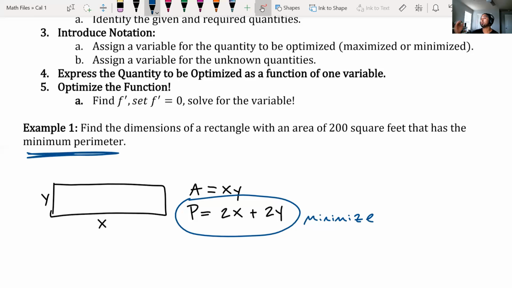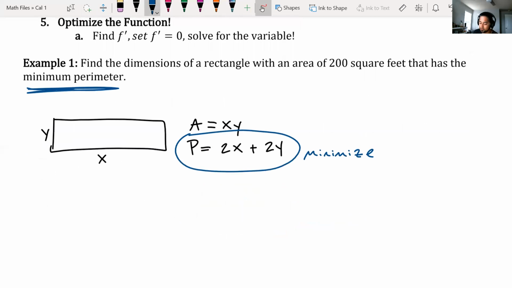Okay, but remember when I said minimize, that means we're going to take the derivative. Well, we can't take the derivative in this form. So if we happen to do that, I'll show you what happens. If we said d over dx of the whole equation, well, you would get p prime equal to 2 plus 2y prime.